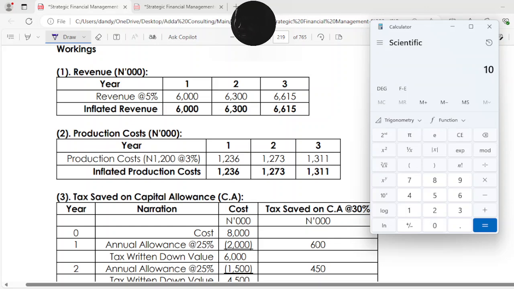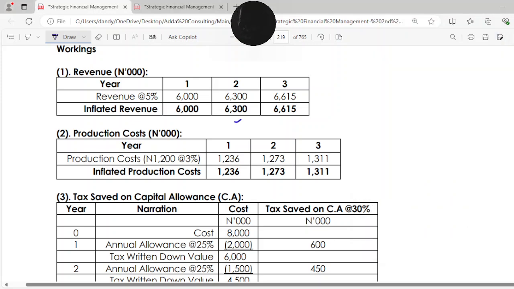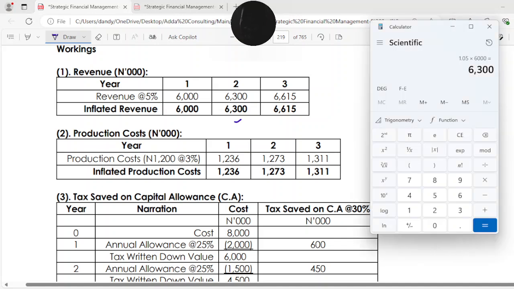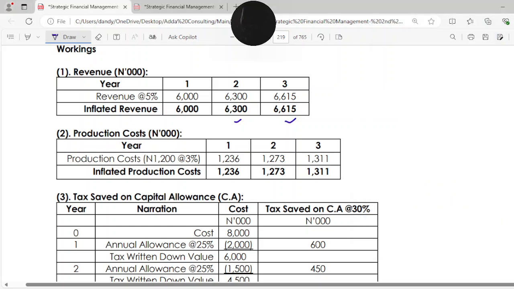I will say 1.05 multiplied by 6,000, our numbers are in thousands. That will give me 6,300. That is how we got this 6,300. So that's 6,300 multiplied by 1.05, which will give me 6,615. So with this, I've inflated the revenue.